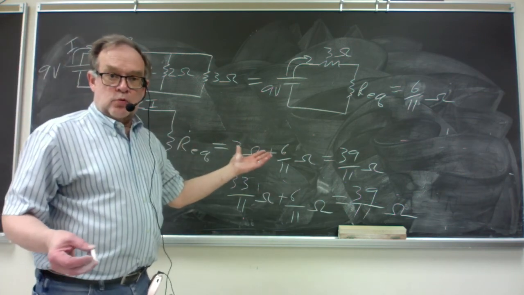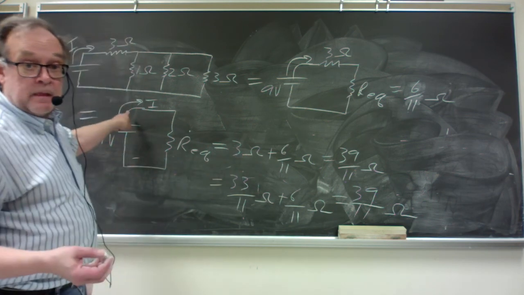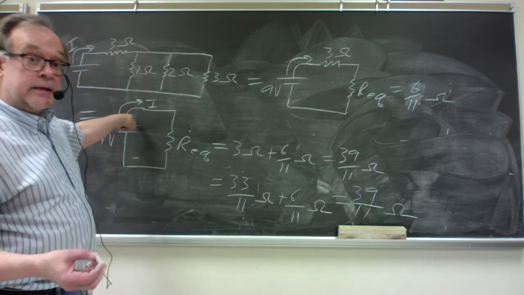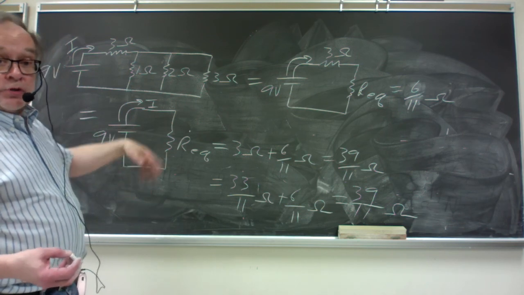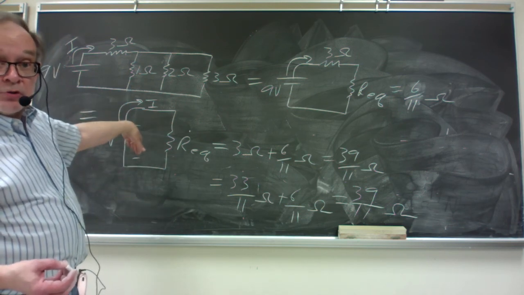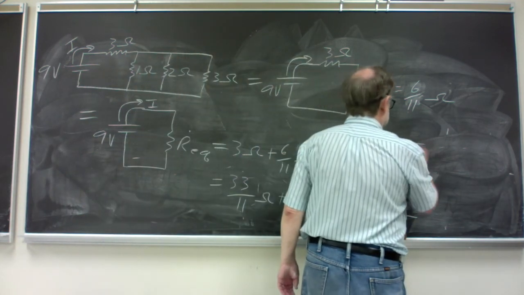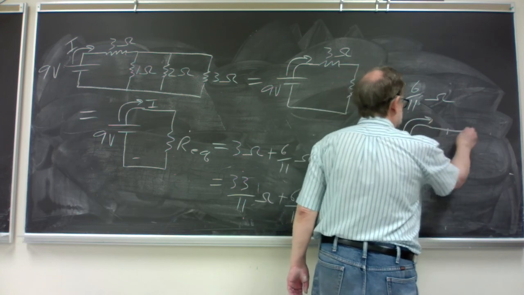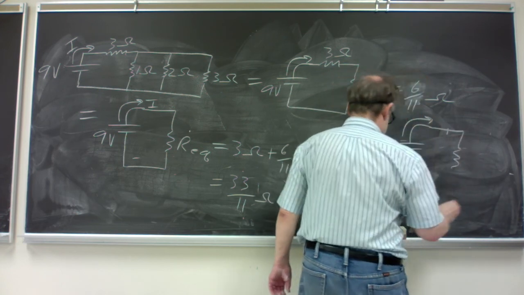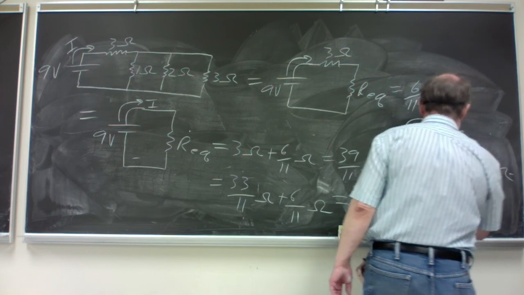Now, actually, we can figure out a few more things. We can figure out exactly what this current is, because now we can apply Ohm's law to the simple circuit. So Ohm's law applied to the simple circuit, you've got 9 volts pushing some current through 39/11 ohms.